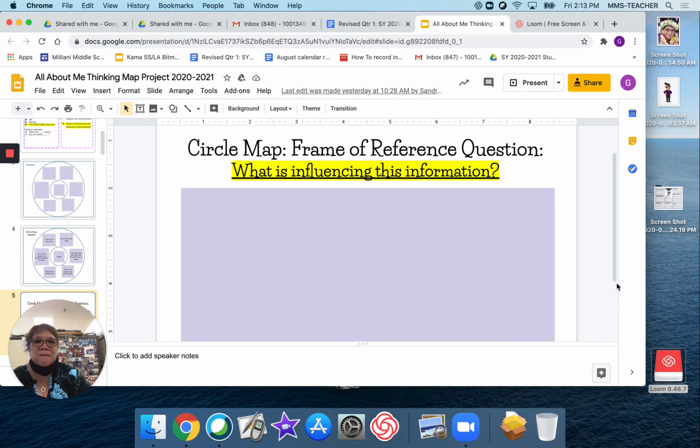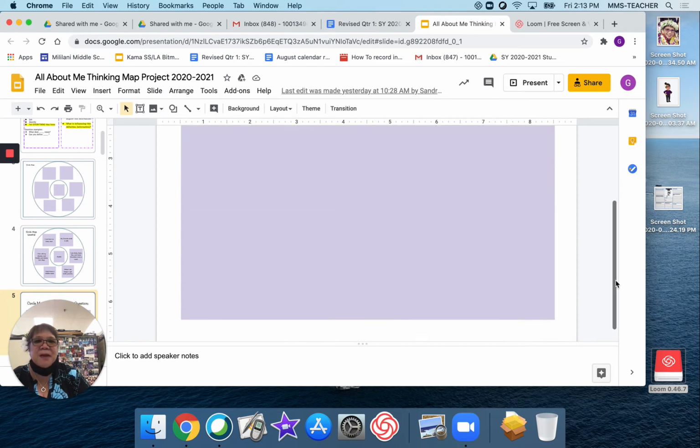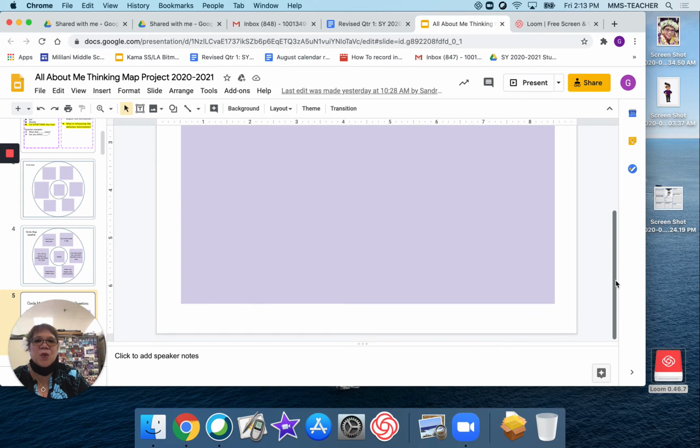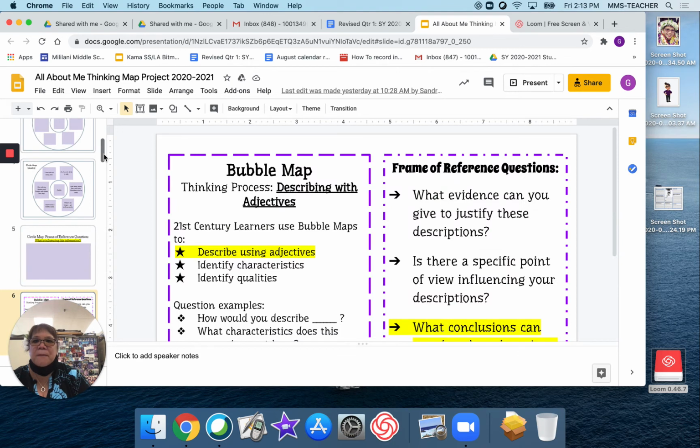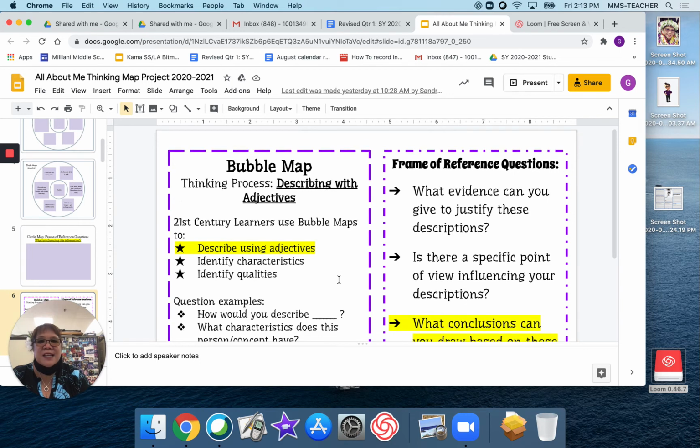Now, the second map you are going to be working on is the bubble map. The thinking process of the bubble map is describing with adjectives. So 21st century learners use bubble maps to describe using adjectives, to identify characteristics, to identify qualities.